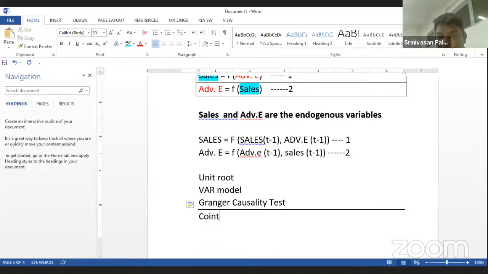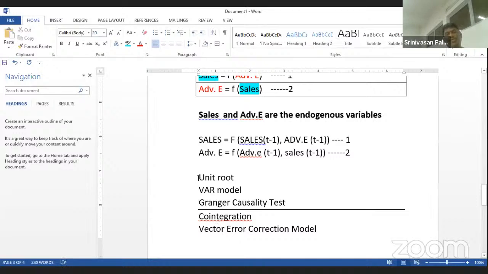Then cointegration, which I underline, there is a reason behind it. Then vector error correction model, the VEC model. This is what we are going to study.